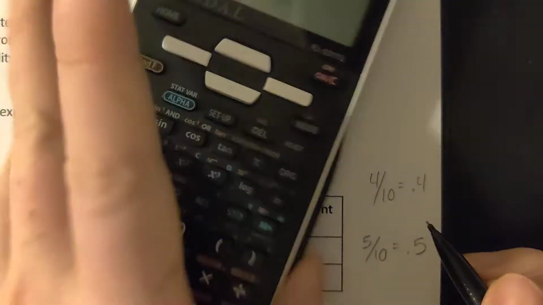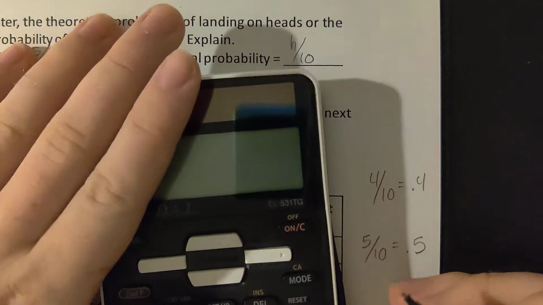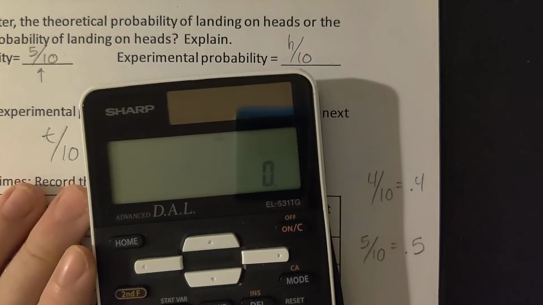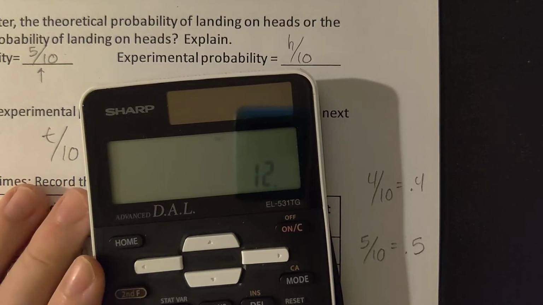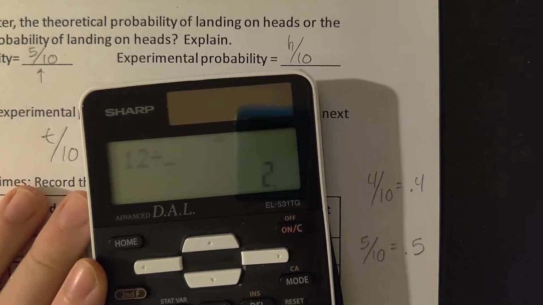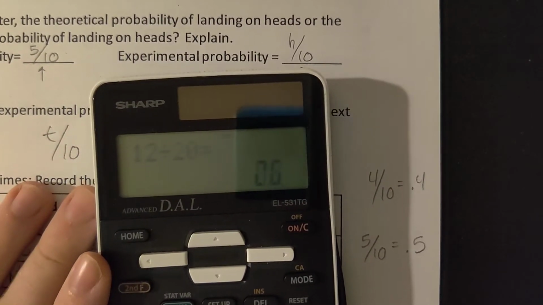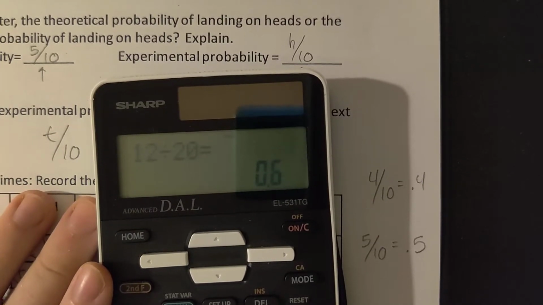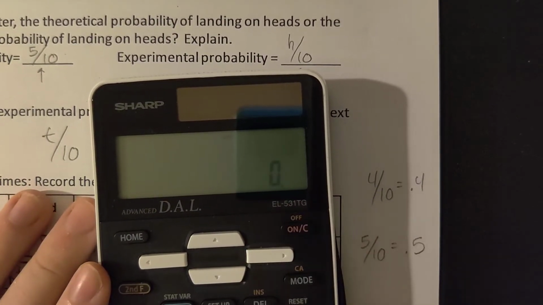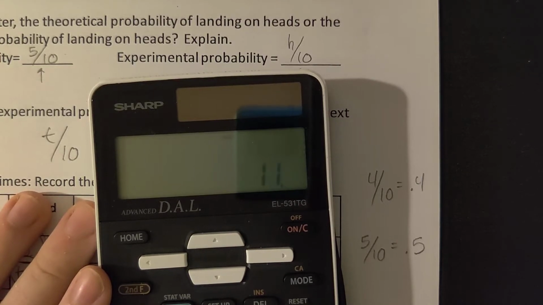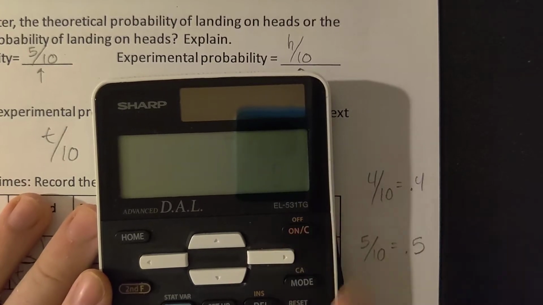So if you want to, you can take your number and type it into a calculator. Maybe you got a total of 12 heads between your two trials, divided by 20. If you got a total of 12, divided by 20, you'd get 0.6. Maybe you got 11, divide that number by 20, that's 0.55.